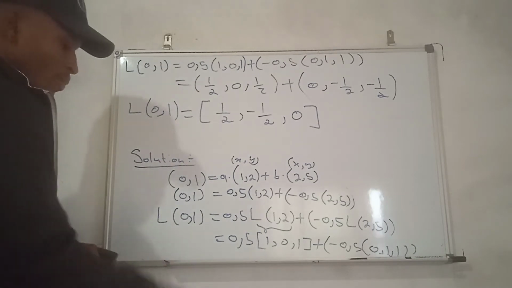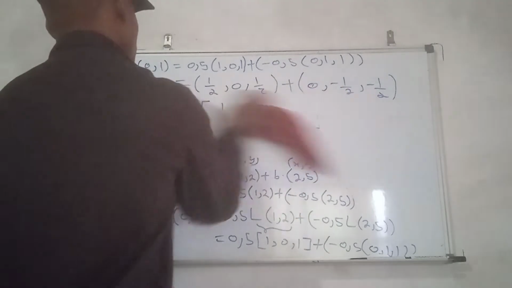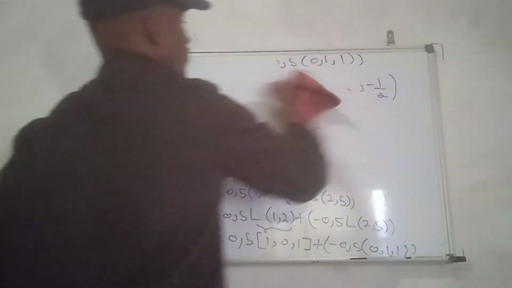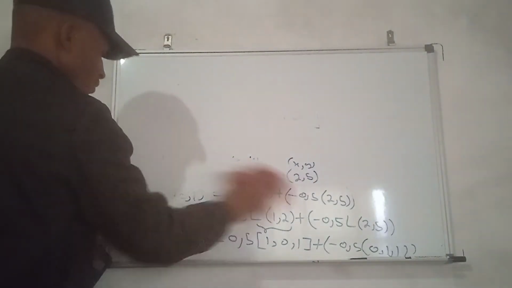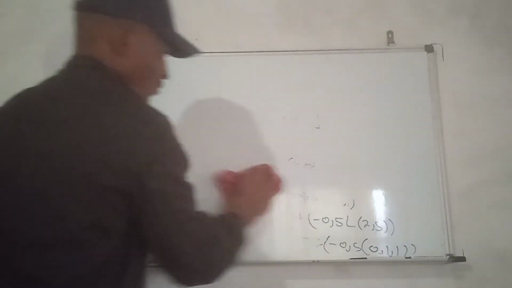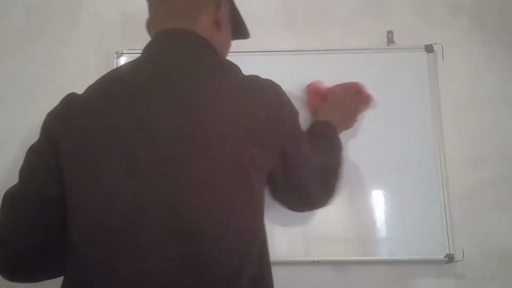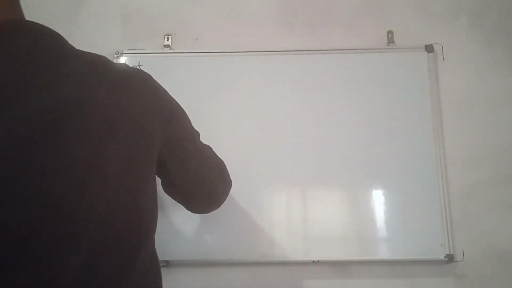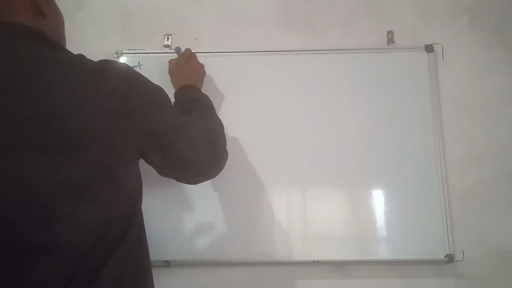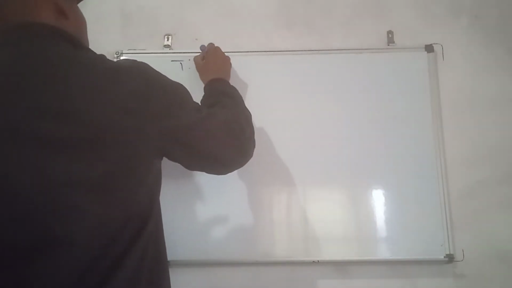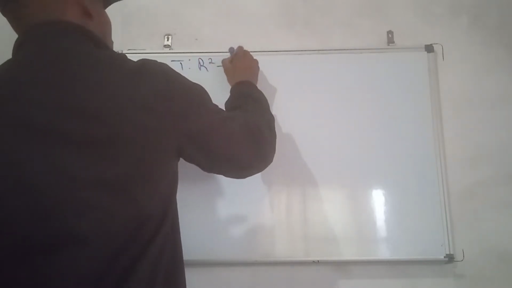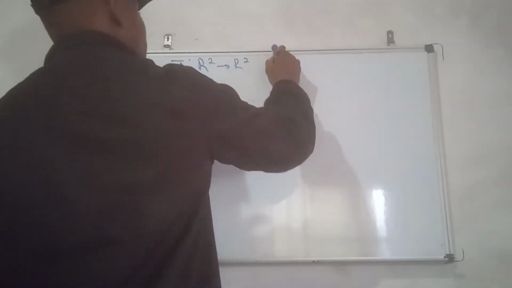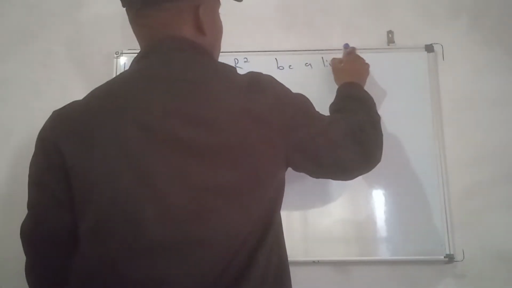So let's take another example based on this one. Suppose that we are given an example and they say let T from R squared all the way to R squared be a linear transformation.